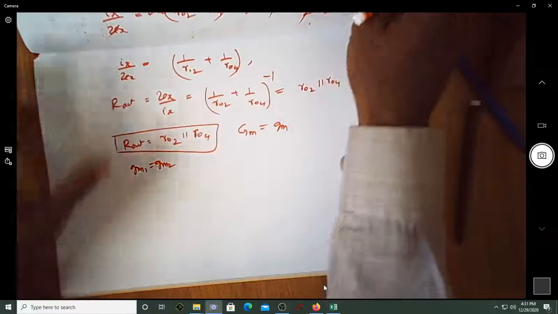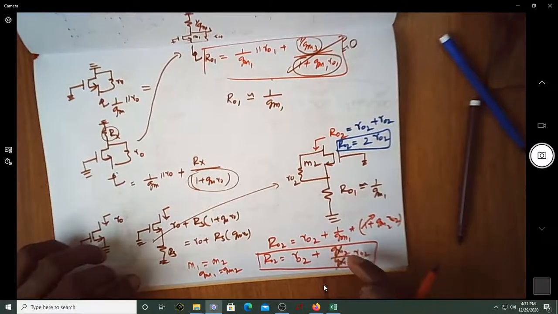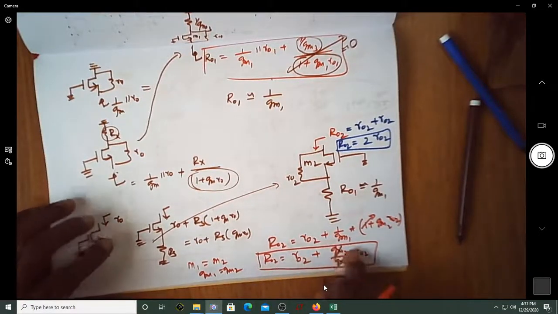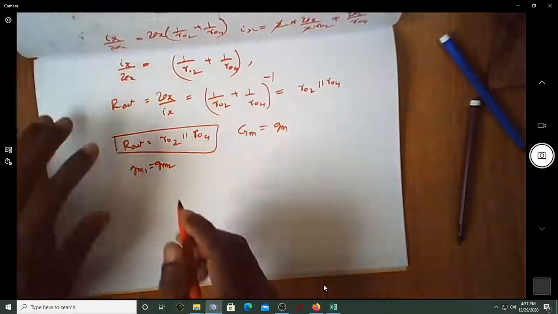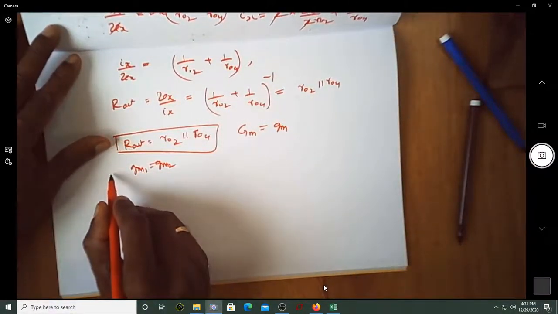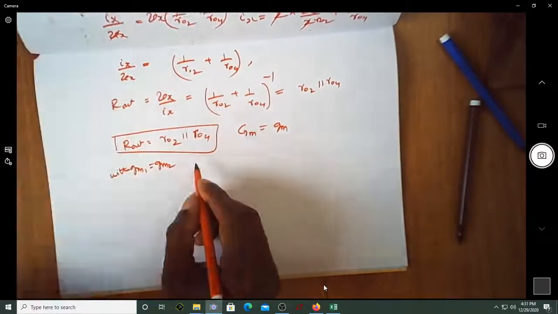Since GM1 is equal to GM2, I could cancel it out. Otherwise, if GM1 and GM2 are different, whatever ratio comes will be the value of R02.